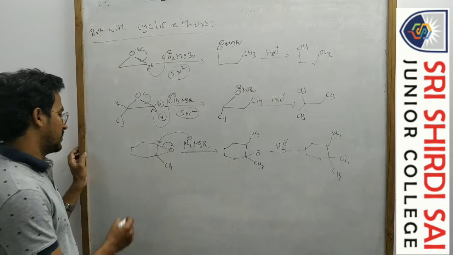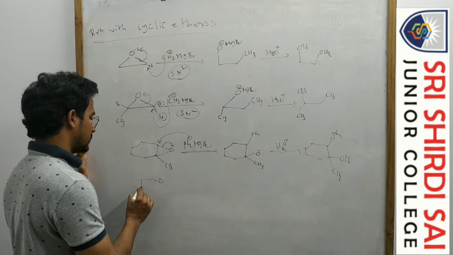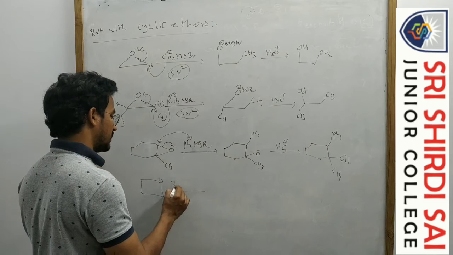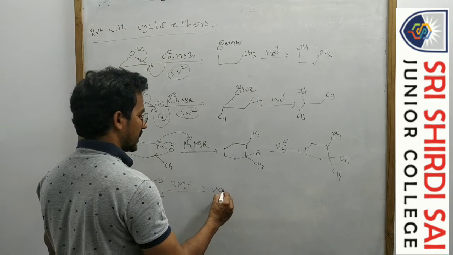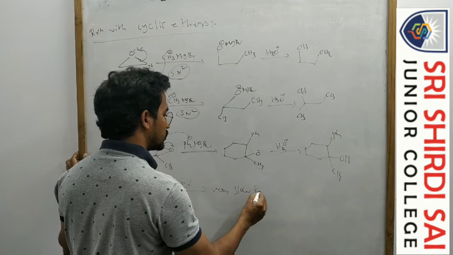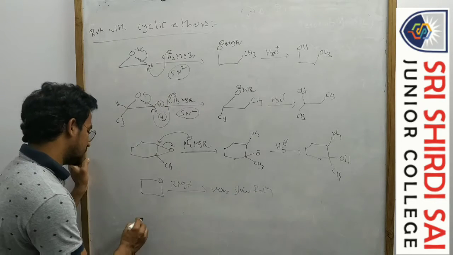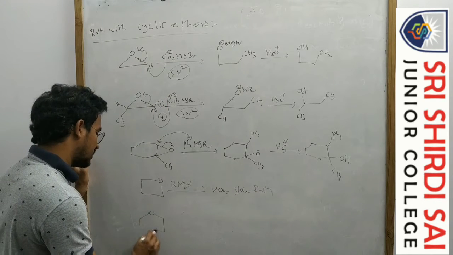Okay, for example, here taking a 4-member ring and treating it with RMgX. It is a very slow reaction, because a 4-member ring is somewhat more stable than a 3-member ring.